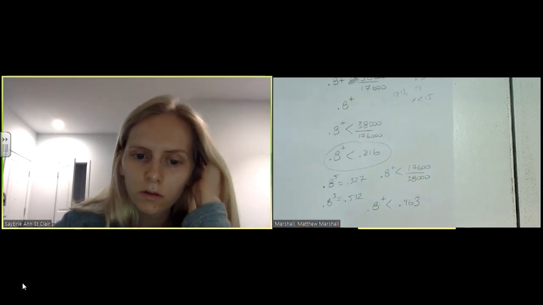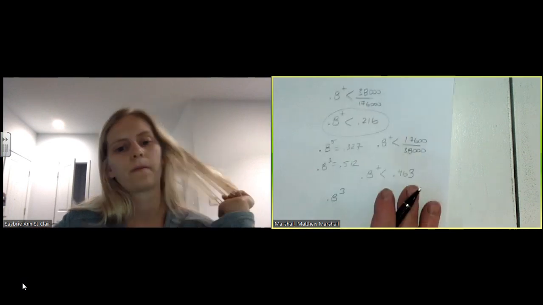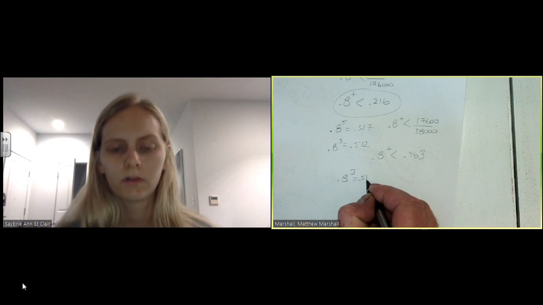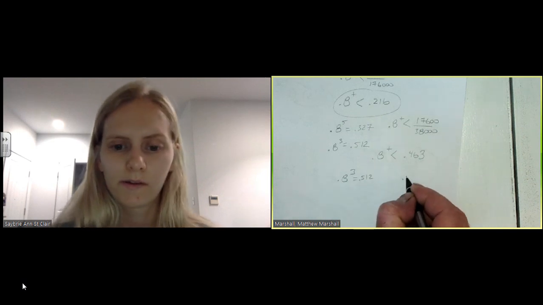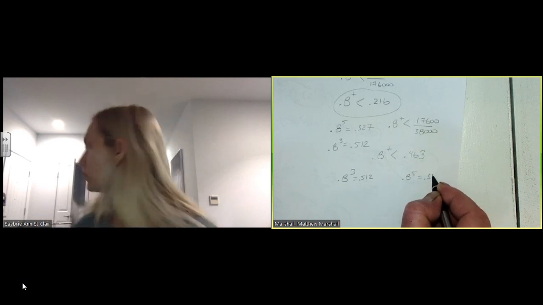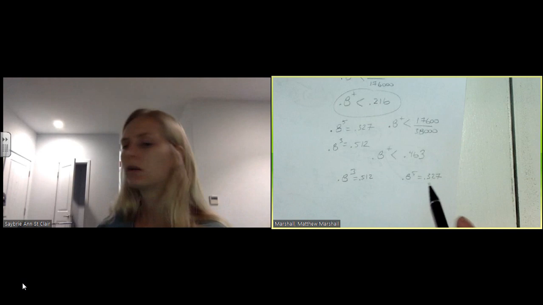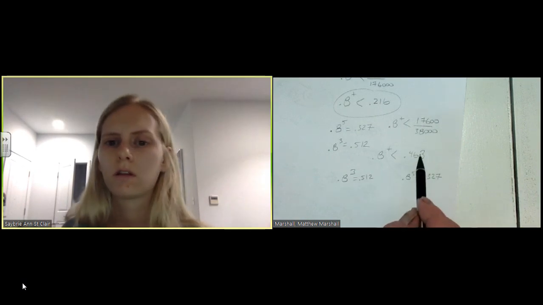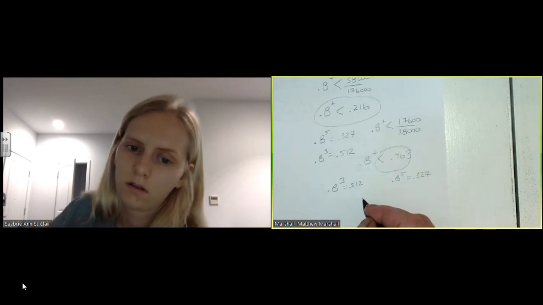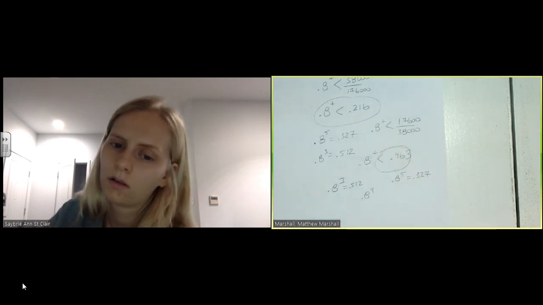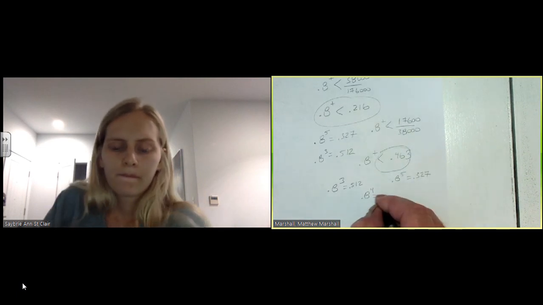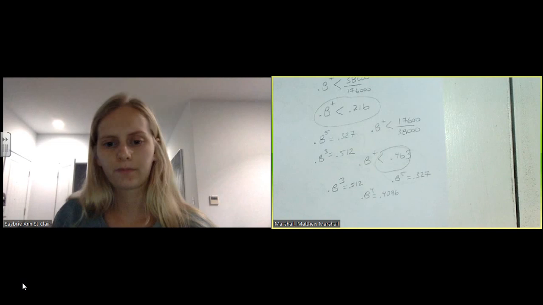So if I do 0.8 to the third power, that gave me 0.512. When I do 0.8 to the fifth power, that gives me 0.327. I have to have a number less than this. Let's do 0.8 to the fourth. That gives me 0.4096.